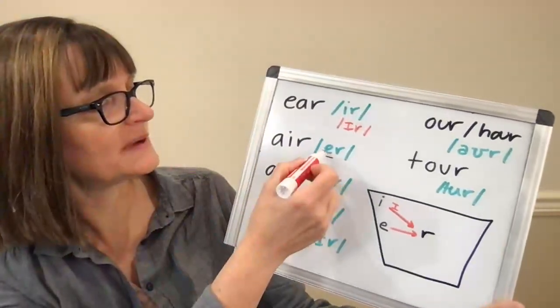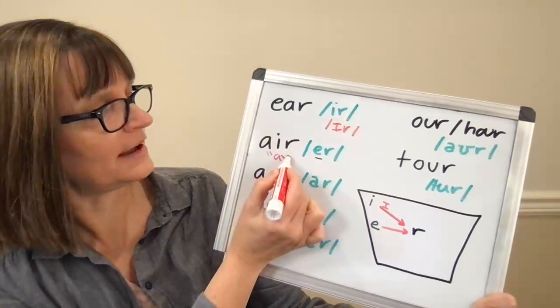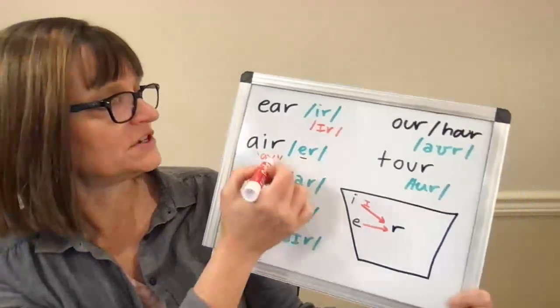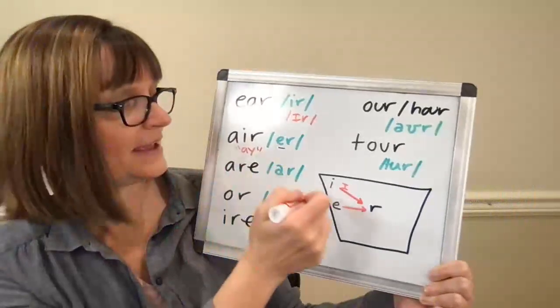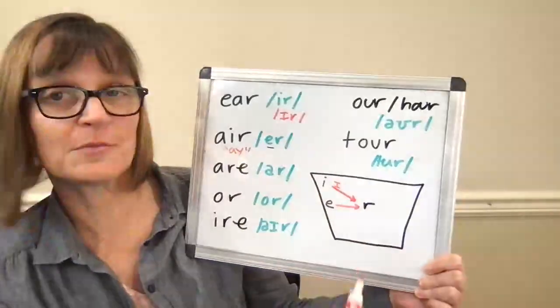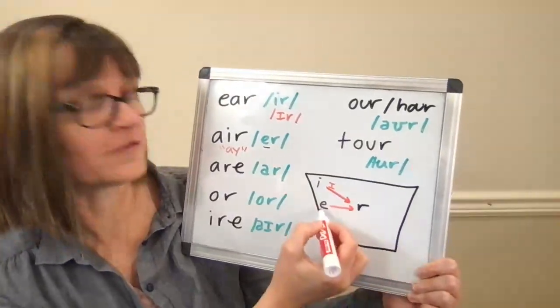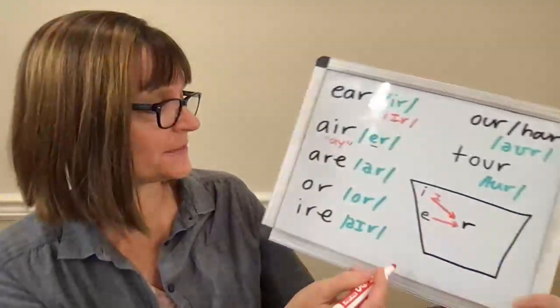So don't be confused by the letter E there. It is this A sound, which we spell with AI or AY. And we just, instead of gliding to the schwa, we're doing air. So we have another diphthong, A, like in say and day. And here we have air, moving from the A position to the R position.